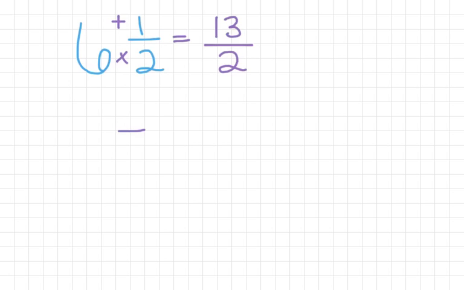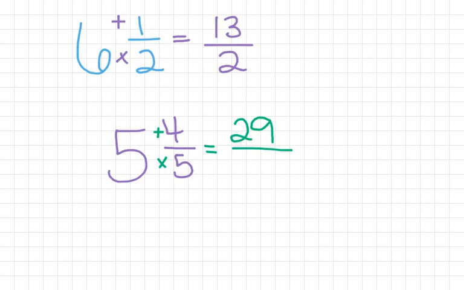Our next one is 5 4/5. Okay, so we take a look at the denominator 5 times our whole number 5. 5 times 5 is 25, plus the numerator 4 would be 29 over, our denominator is 5, so 29/5.